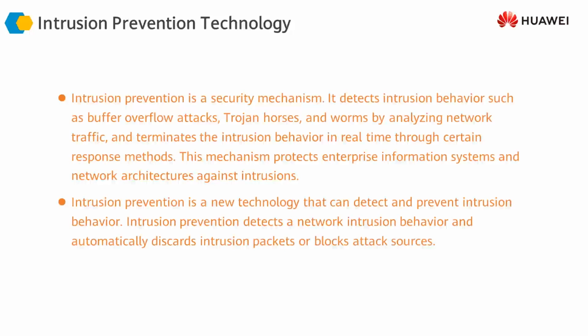So intrusion prevention is a newer technology that can detect as well as prevent intrusion behavior. It detects network intrusion behavior and automatically discards intrusion packets or blocks attack sources. This is where it improves upon the IDS. It not only detects, but it also discards and blocks the attacks from happening. So this is preventing the intrusion, going a step beyond the IDS.